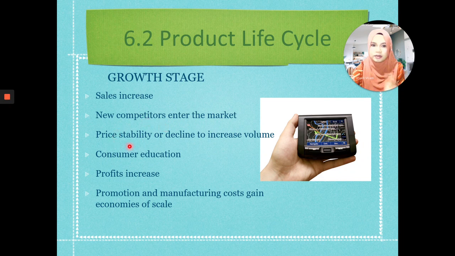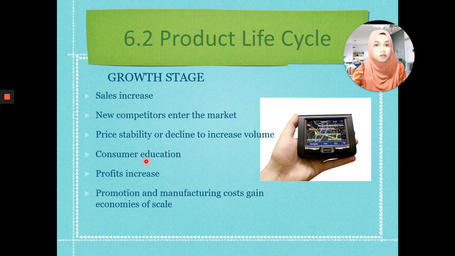You start to stabilize your price, or you can decline the price to increase the volume of your sales, so that people will see the competitor's price. If competitors start to sell at cheaper prices, then you might need to lower your prices as well, so that people will still choose your product, because typically people will respond to the cheapest price. Then you start to educate the consumers about your brand.